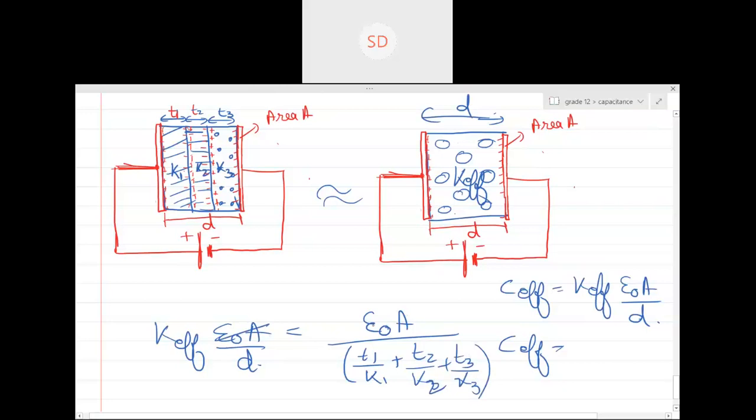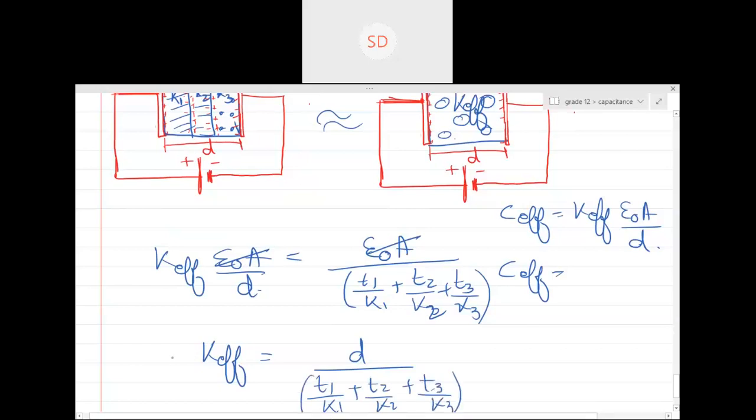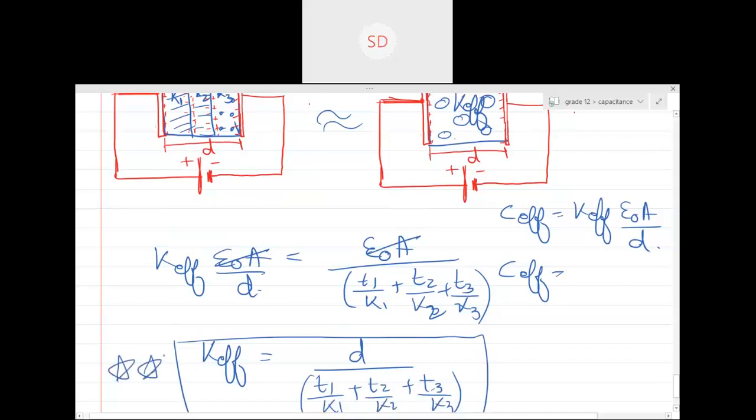Can you see, A epsilon naught will cancel out and K effective will be equal to D upon T1 by K1 plus T2 by K2 plus T3 by K3. Remember. By the way, what is D? D is nothing but T1 plus T2 plus T3.